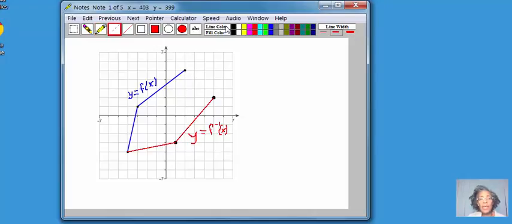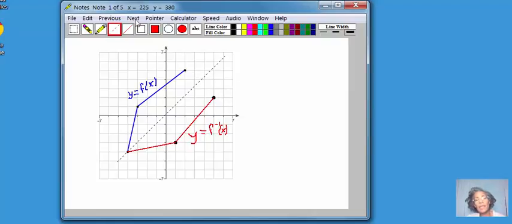And we want to keep in mind that whenever I'm doing this, a function and its inverse form a symmetrical picture about the line y = x. That actually is the mirror which reflects the function about its inverse.